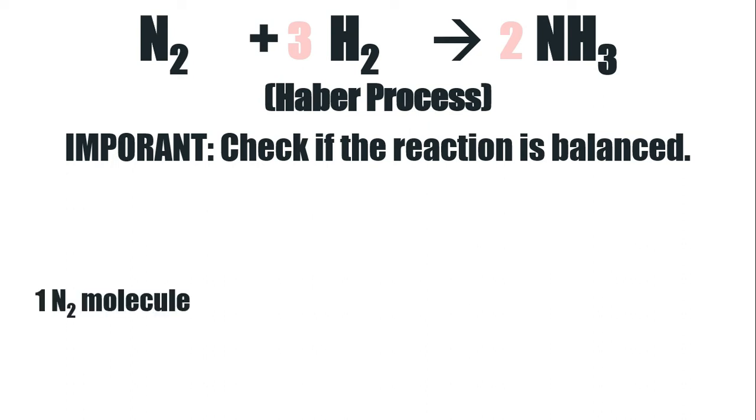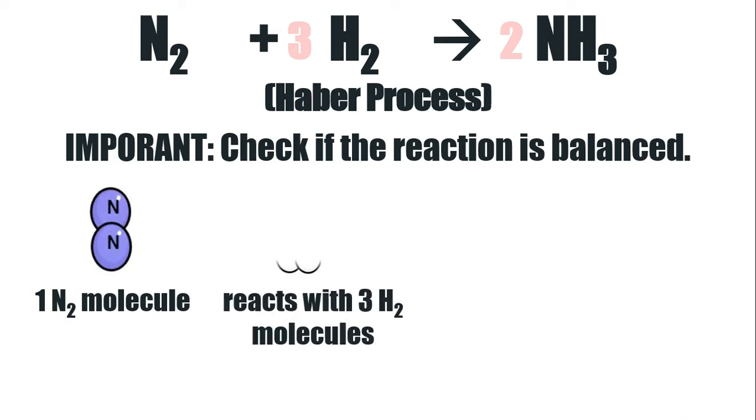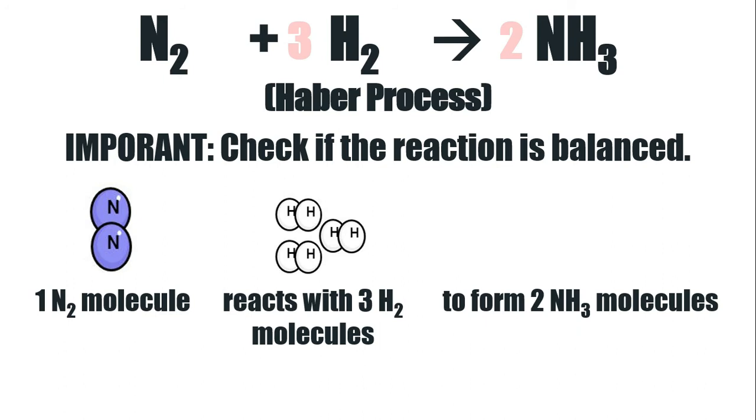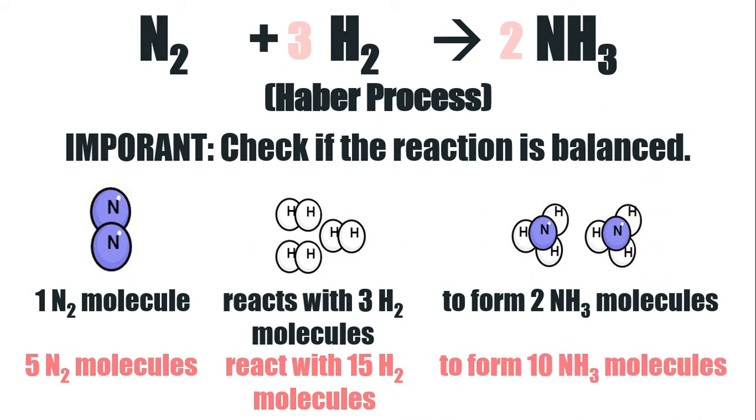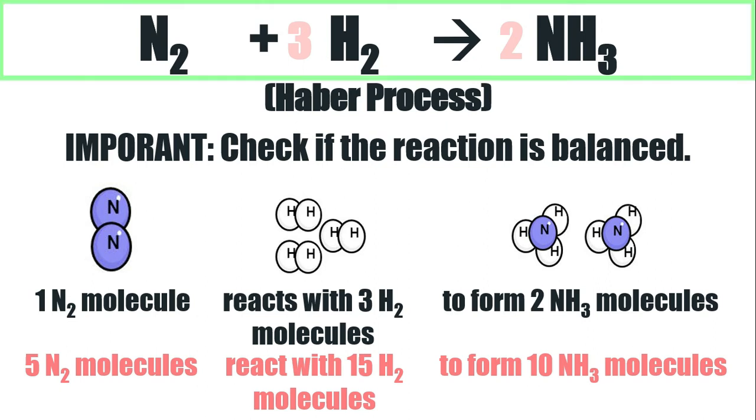This means that one nitrogen molecule reacts with 3 hydrogen molecules to form 2 ammonia molecules. So what if we have 5 nitrogen molecules? These molecules will react with 15 hydrogen molecules to form 10 ammonia molecules. This tells us that regardless of the amount, the ratio of nitrogen, hydrogen, and ammonia will still be 1 to 3 to 2.